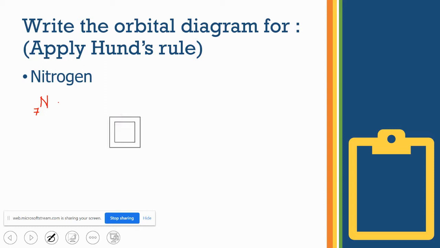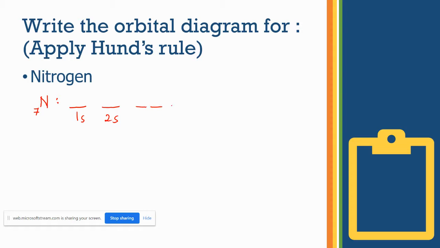Now, next, as usual, you show the orbitals. To show the orbitals, you can use dashes like this. This is for 1s, and then you have 2s and 2p.